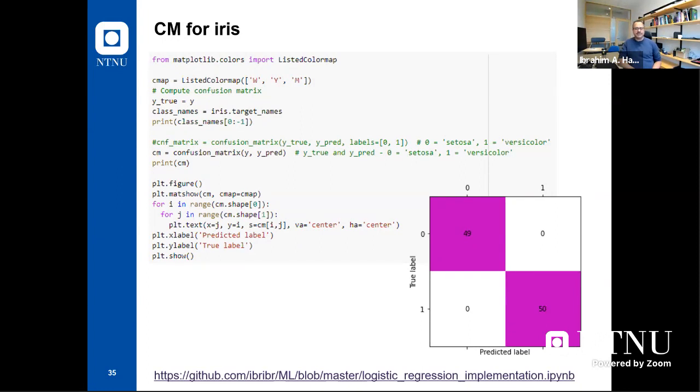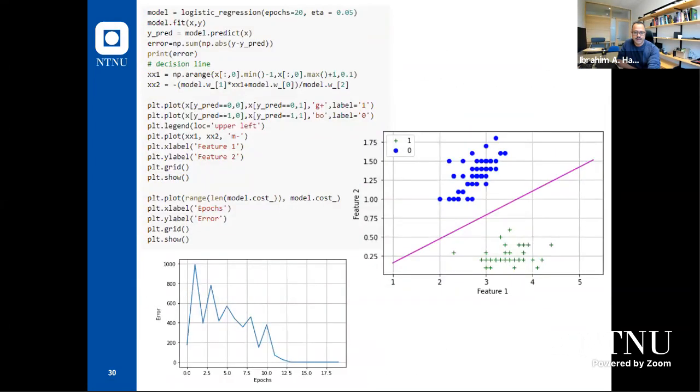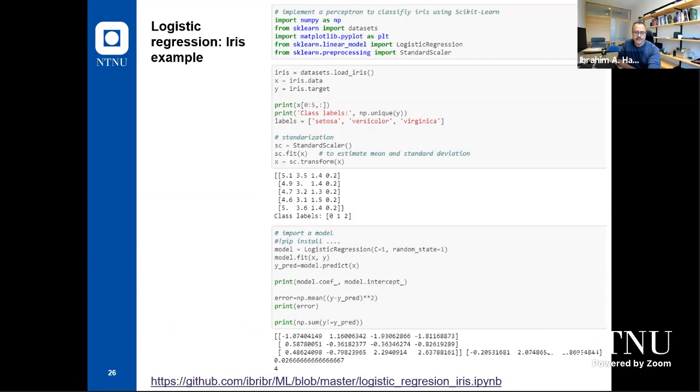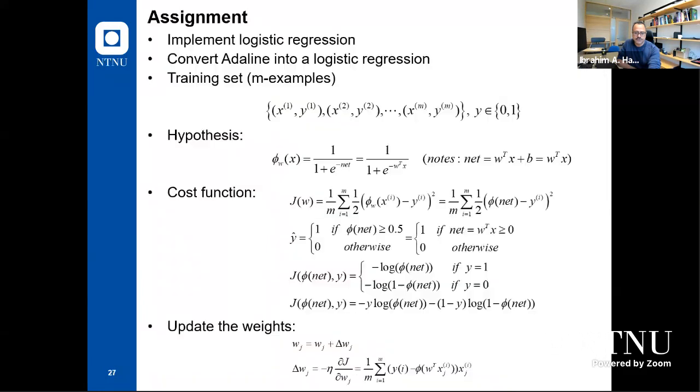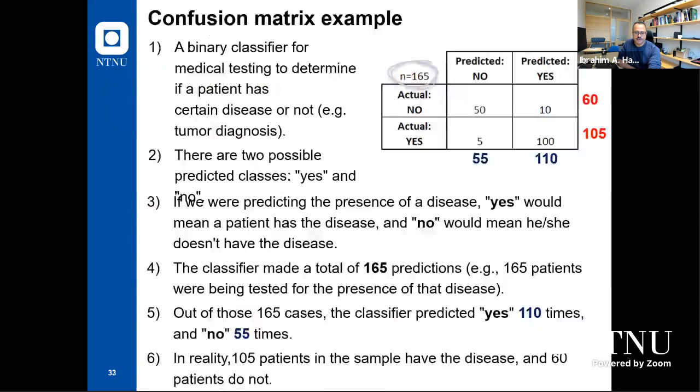For the iris dataset, we have this function in sklearn, if you want to do it in sklearn. Unfortunately, it's not here, but it's in the example. If you go to the example, we can find it.